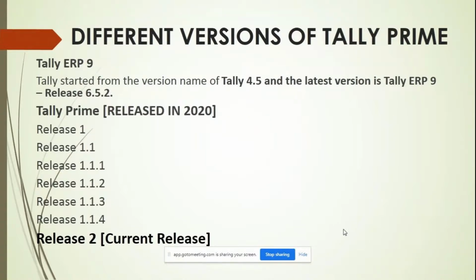The first release was release 1, then it got upgraded to 1.1, then 1.1.1, then 1.1.2, then 1.1.3, then 1.1.4, and now the current release of the Tally Prime software, what we would be using, is release 2. Yes, it is release 2 of the Tally Prime software we will be installing now.